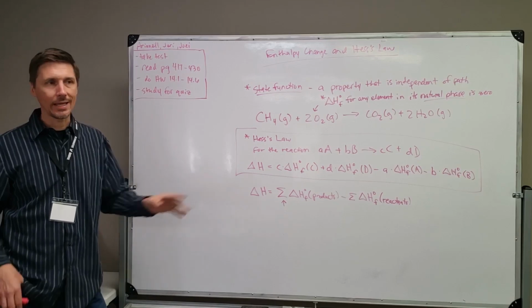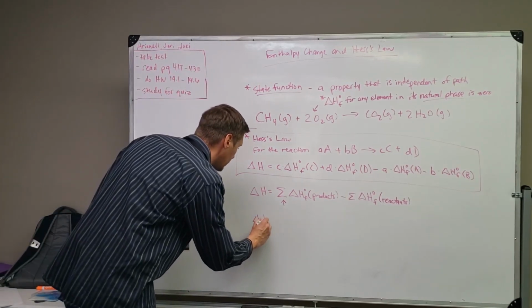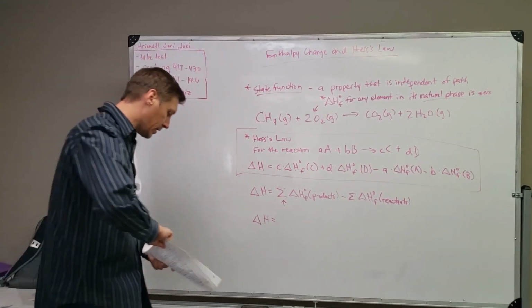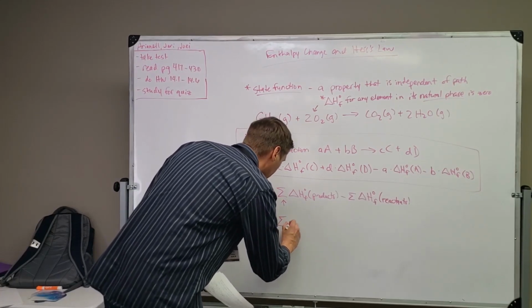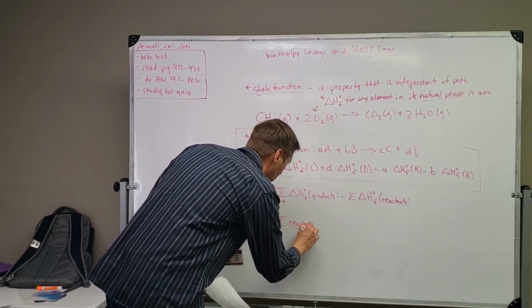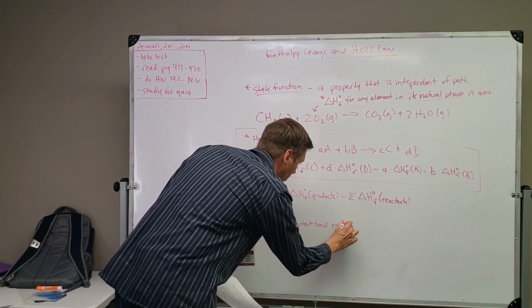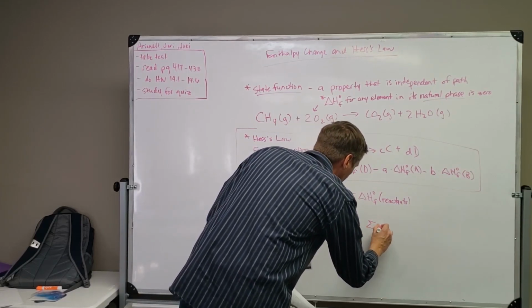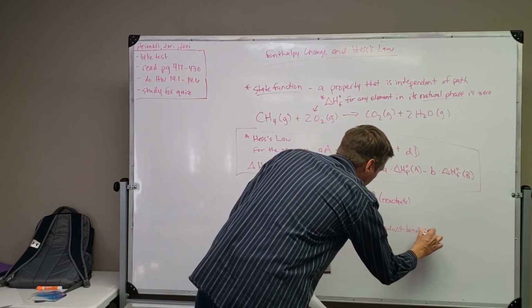The reason I wanted to write that down like that is because I want us to understand that when we used bond energies, it's the reverse of that. Okay? So when we did bond energies, we basically took the sum of the reactant bond energies and we subtracted from that the sum of the product bond energies.